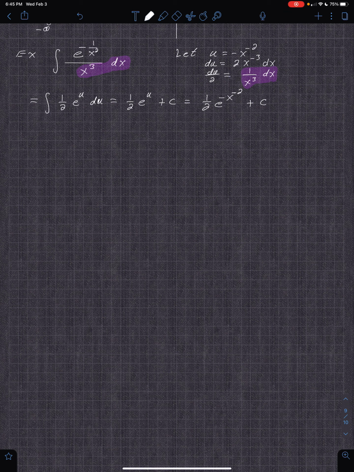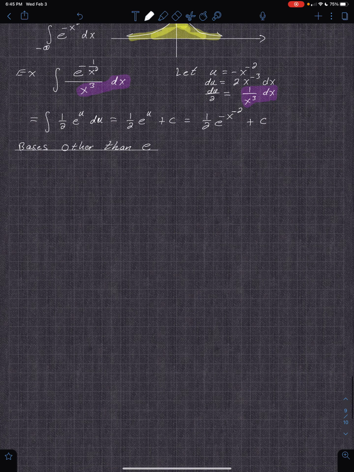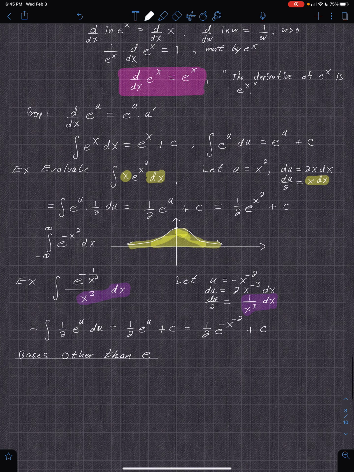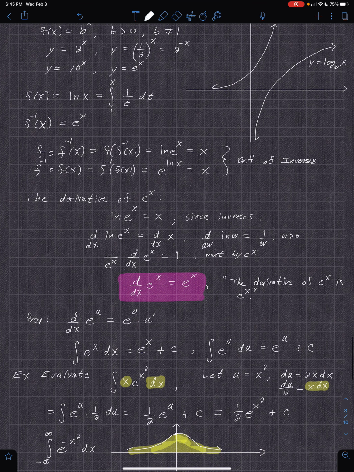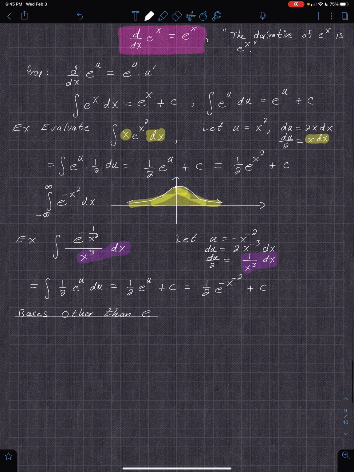We will continue, it's probably a little long, but let's go ahead and continue. We look at bases other than e, how they're defined. So really all I've defined so far is the natural log. That will be base e, but we haven't even defined bases other than e yet.